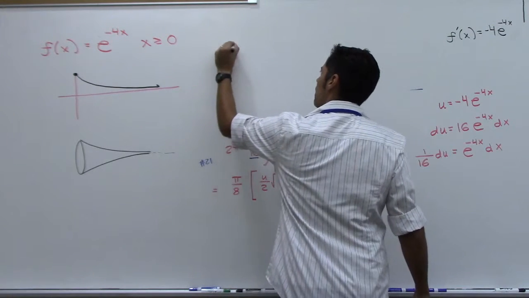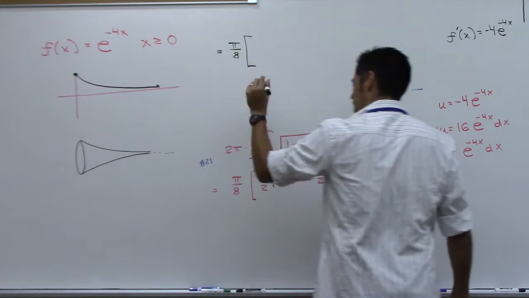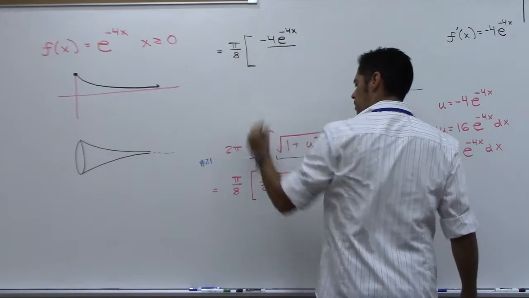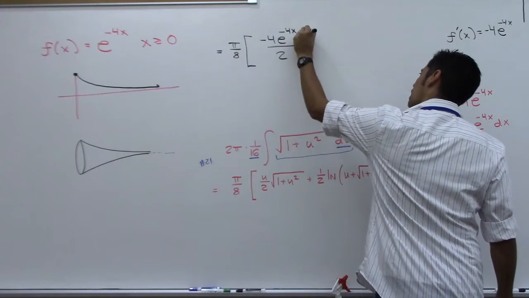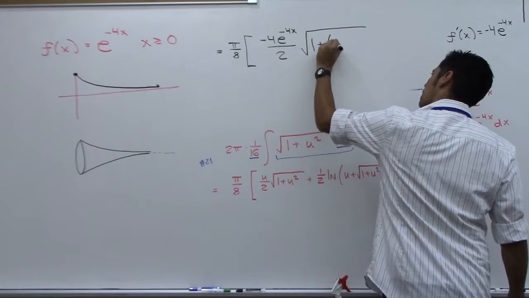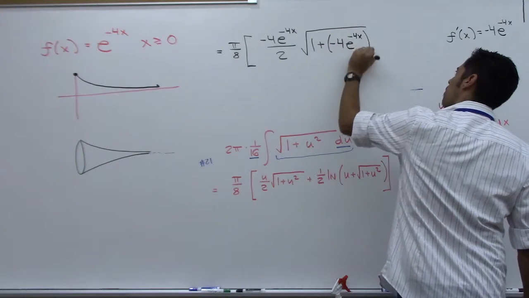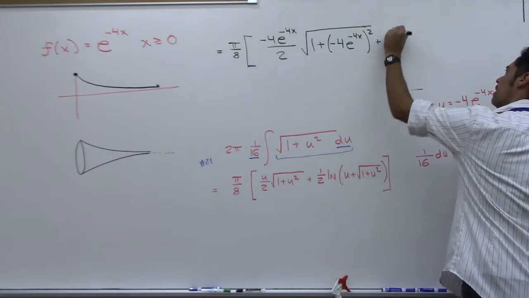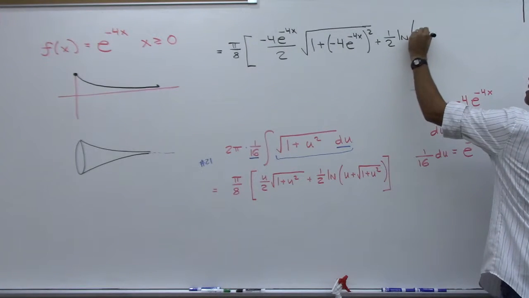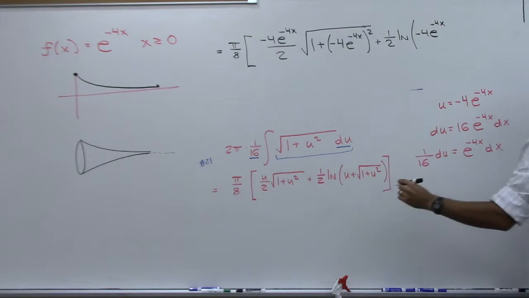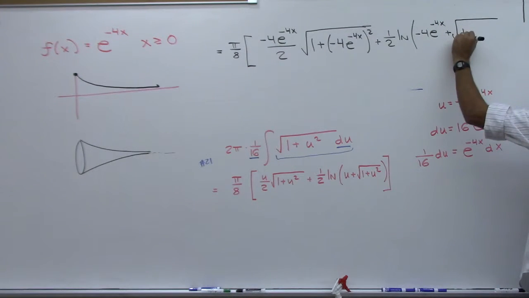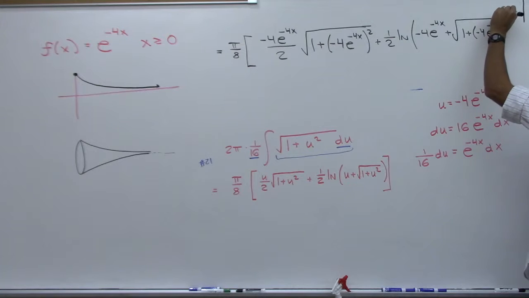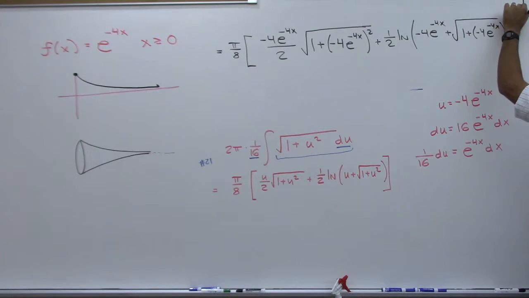So I'm at pi over 8, and then I have u, which is negative 4 e to the negative 4x over 2, square root of 1 plus negative 4 e to the negative 4x, that quantity squared, and then plus 1/2 natural log of u, which was negative 4e to the negative 4x, plus the square root of 1 plus negative 4e to the negative 4x squared, and that's that. And then I close my brackets.